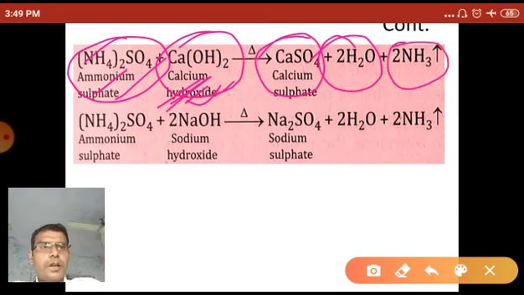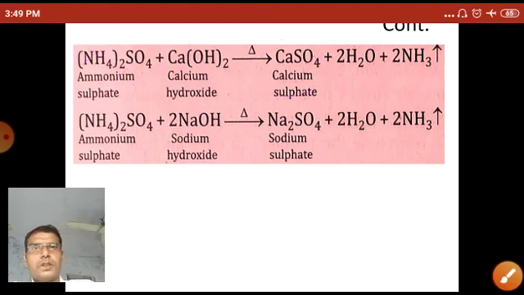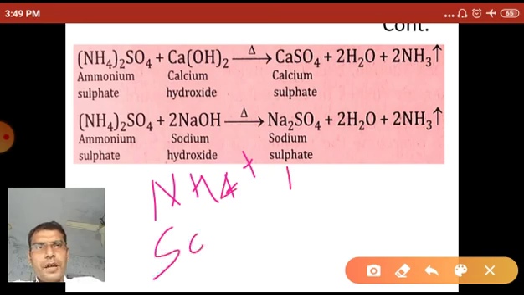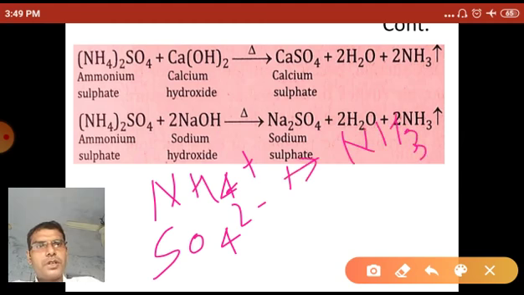So what happens in this reaction? Ammonium sulfate breaks down into the ammonium ion NH4+ and the sulfate ion SO4 2-. NH4+ again breaks down into NH3 and releases H+ ions.